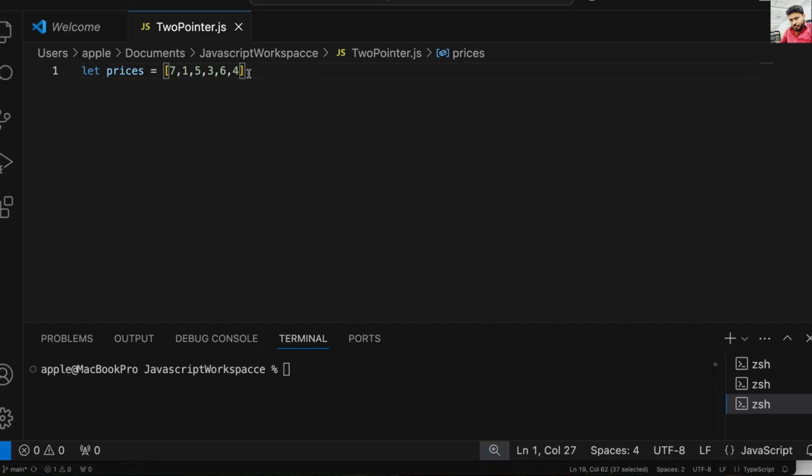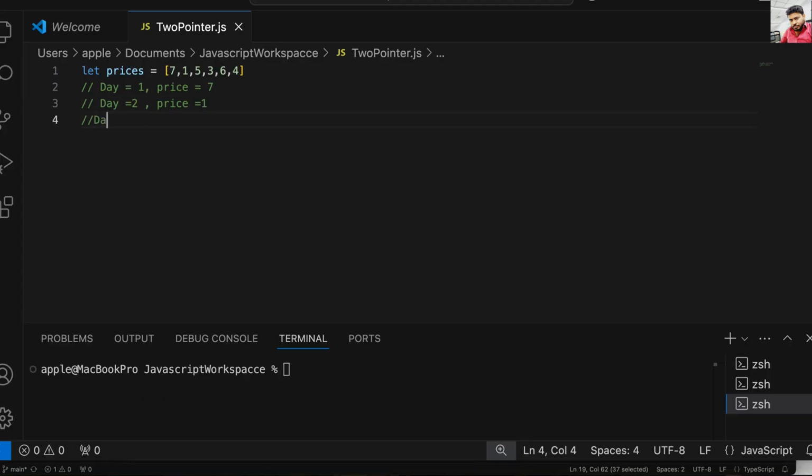Okay, so I will write some pseudo code before that. For easy understanding, for day 1 the price is equal to 7, and for day 2 the price is equal to 1.